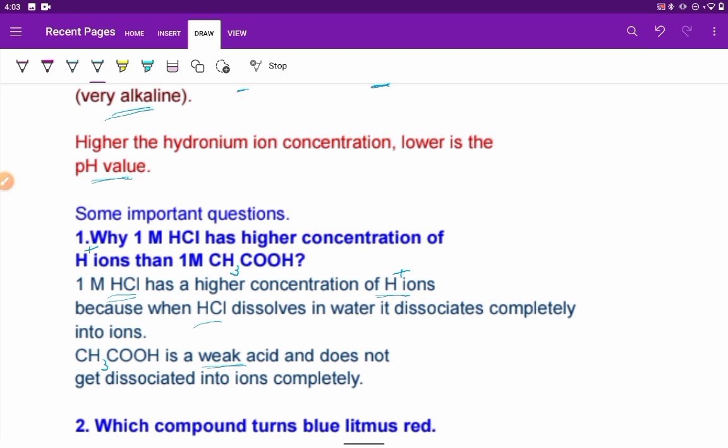So more the dissociation, more will be the concentration of H plus ions. For CH3COOH, the H plus ion concentration will be low.